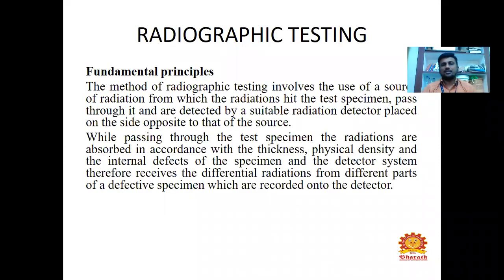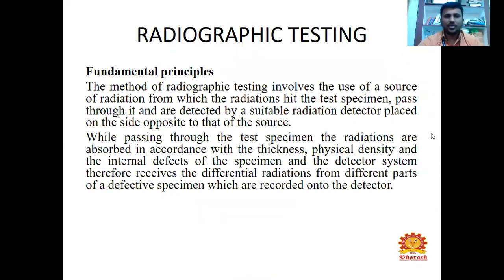The radiographic testing is one type of NDT method. The fundamental principle of radiographic testing involves the use of a source of radiation from which the radiation hits the test specimen, passes through it, and is detected by a suitable radiation detector placed on the side opposite to that of the source.